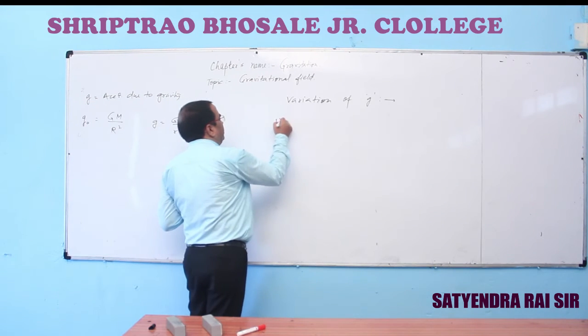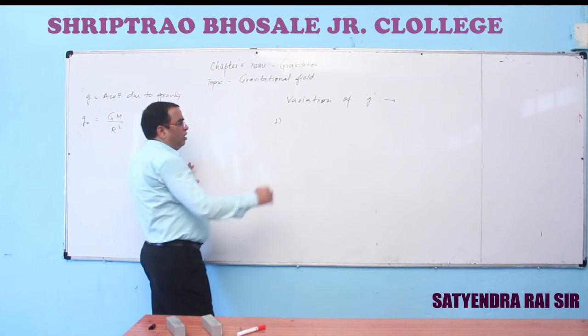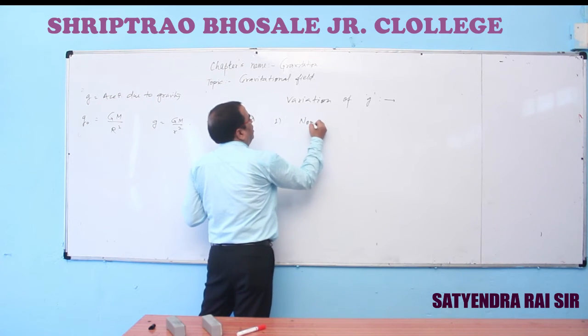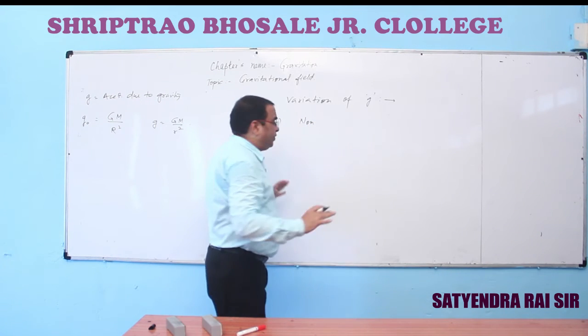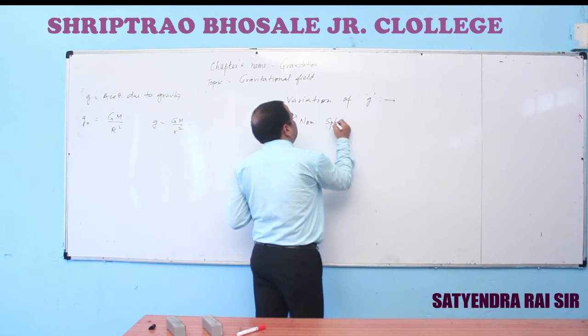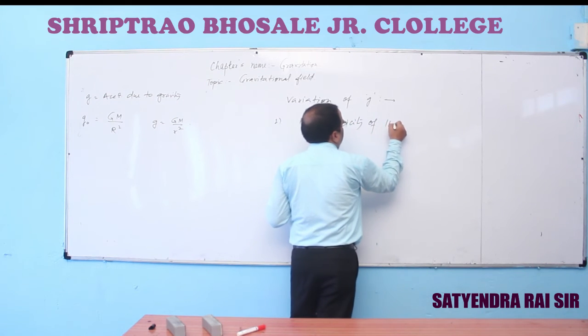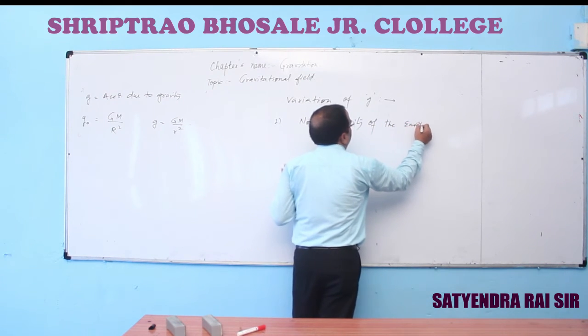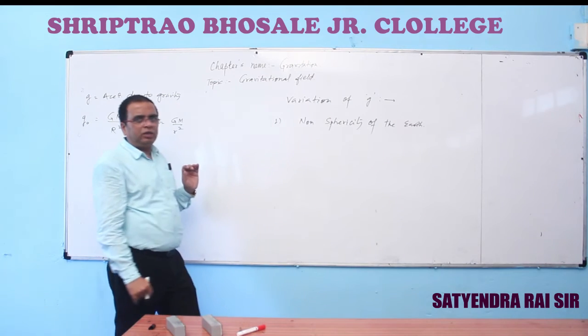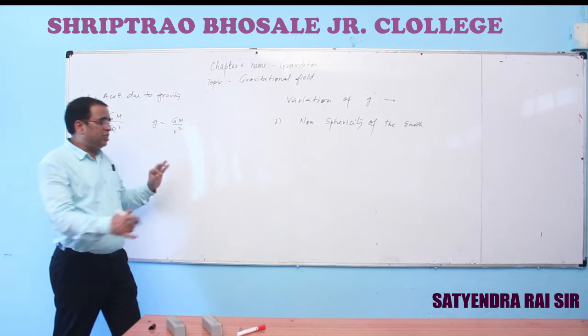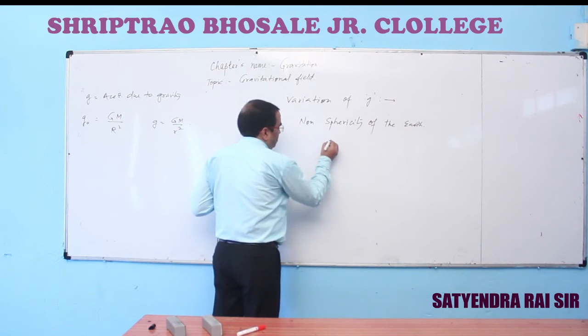We have first seen that our Earth is not a perfect sphere, so the first factor is non-sphericity of the Earth. Let us see the case. We have the Earth.